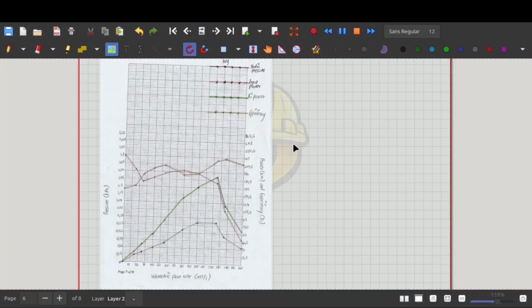In the next video we'll be looking at fan laws and how to do those adjustments, and we'll also be looking at how to interpret our graphs. What does this information mean? What do we need to know on the graph, and how to answer the questions on application of the information we've just calculated. See you all in the next one.